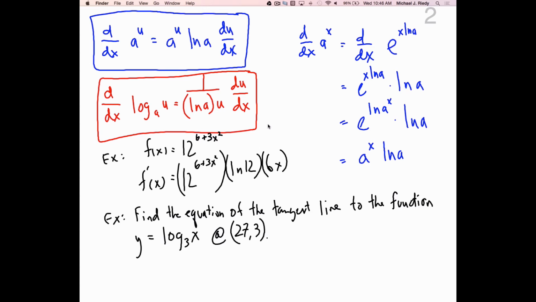Take the derivative of that thing. What's A? 3. What's U? X. Okay. What's du dx? 1.